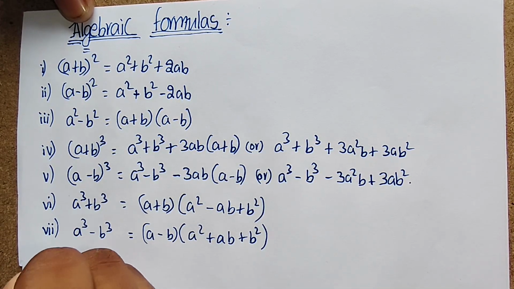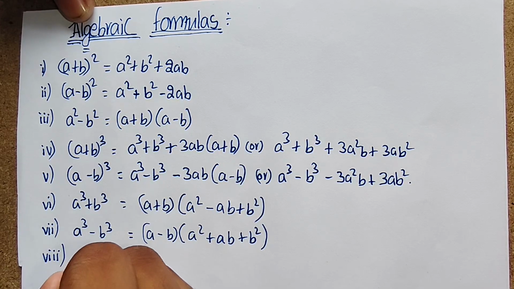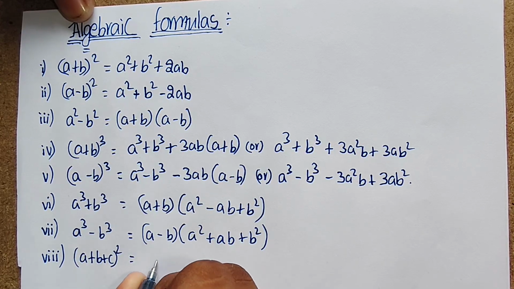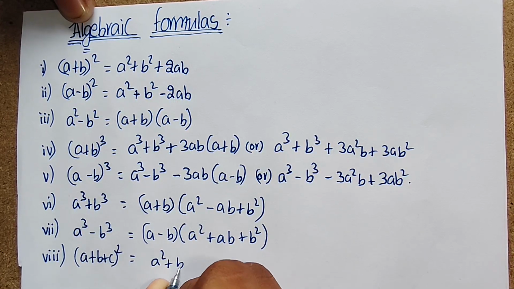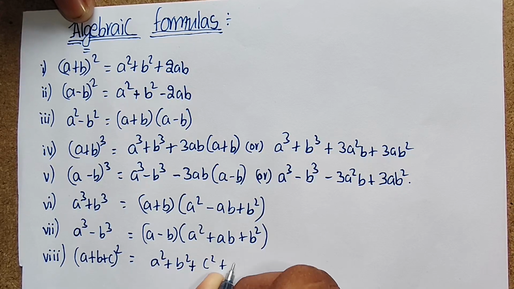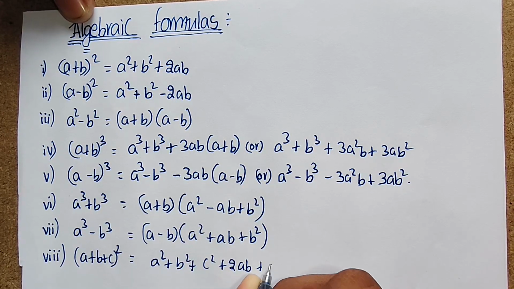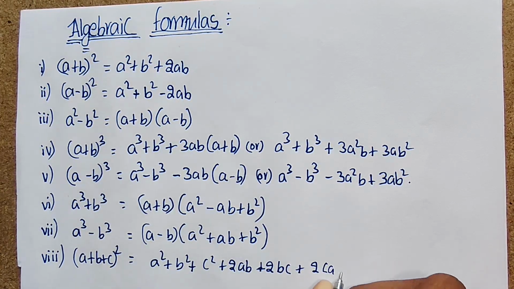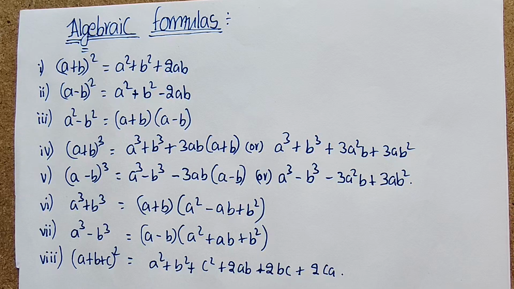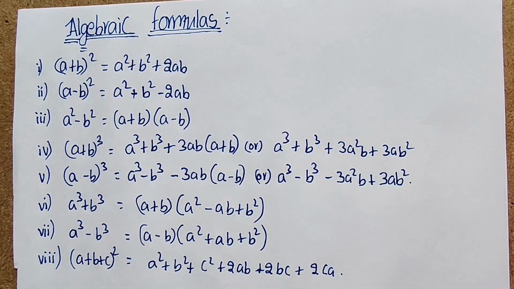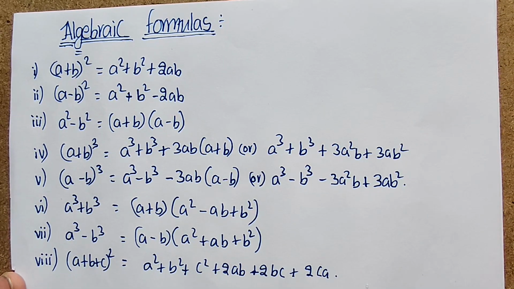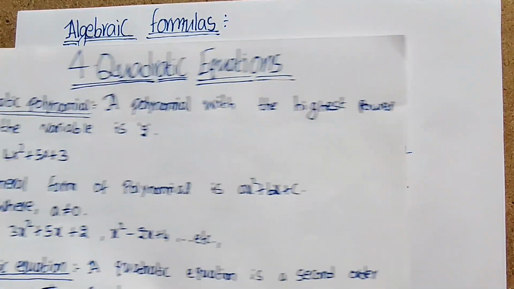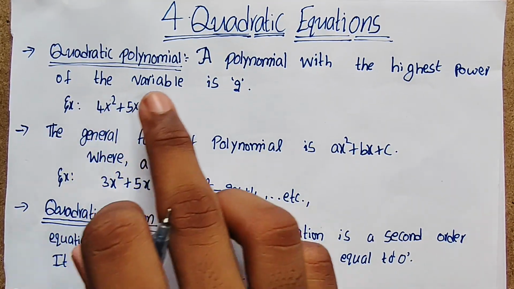Eighth one: a plus b plus c whole square equals a square plus b square plus c square plus 2ab plus 2bc plus 2ca. These are the important formulas that we use in our exercises. Please write them down. So we have completed this video by explaining the introduction of chapter 4, quadratic equations.